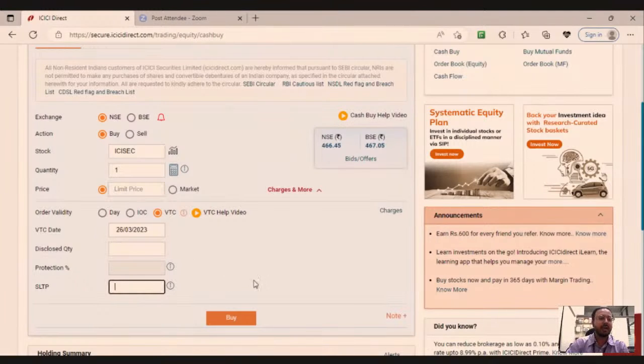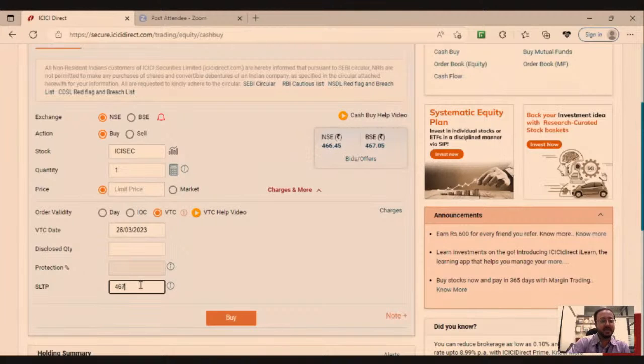So what I do is I place a stop loss trigger price, which always has to be greater than the bid price. I can keep it at the bid price also, or slightly above it. So let's say I keep it at 467, a little, like 55 paisa, more than the current bid price.